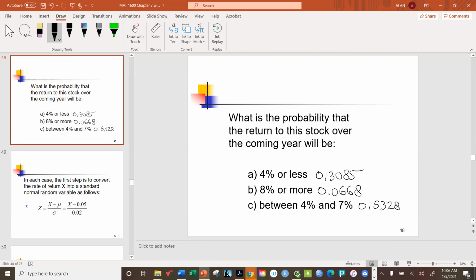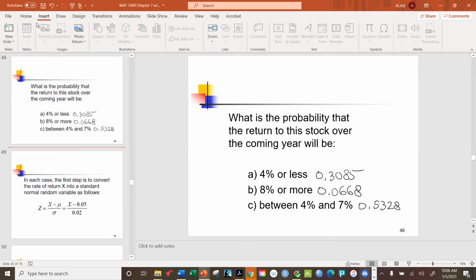All right, now, how about if you were going to use the functionality of the Texas Instruments calculators? Here's what you would have to do. Okay, so let me insert this as a new slide.